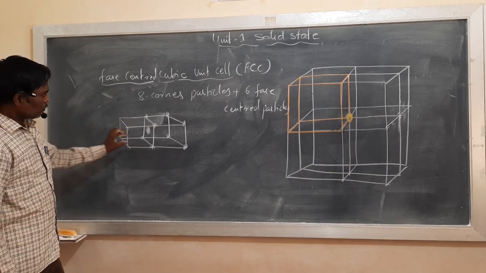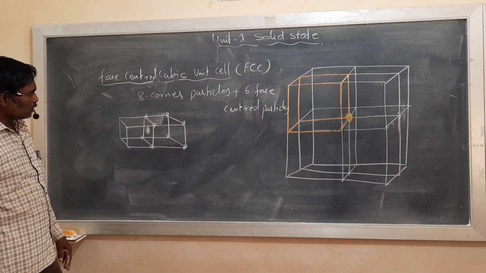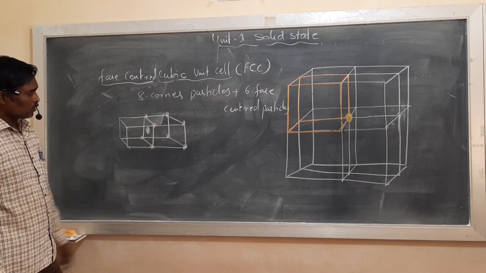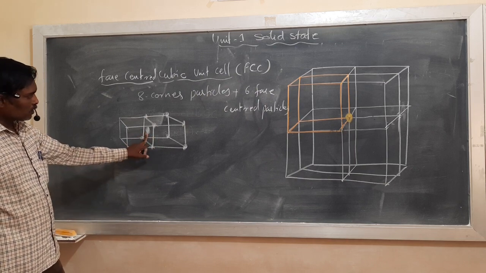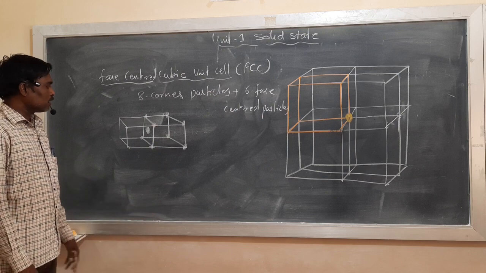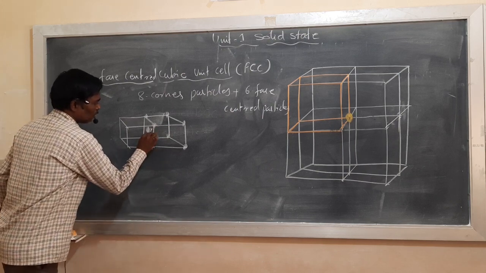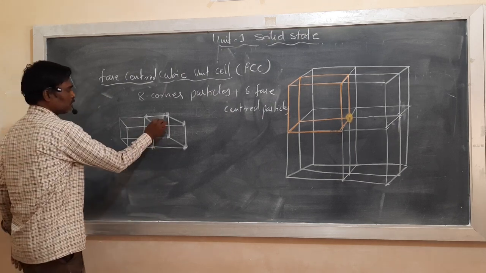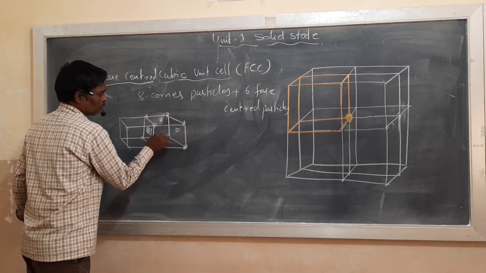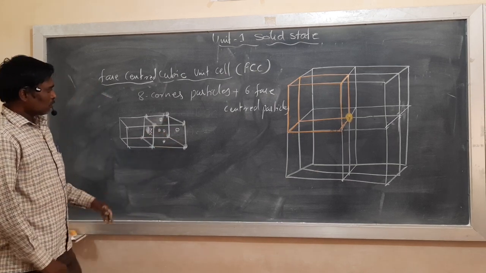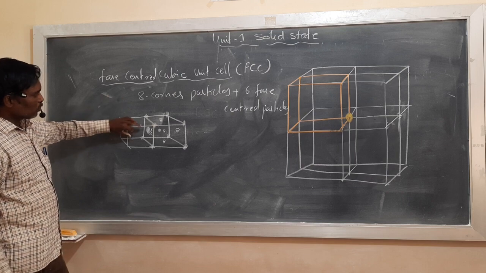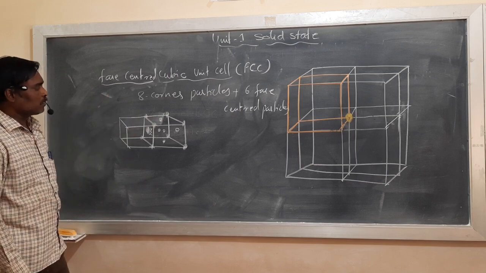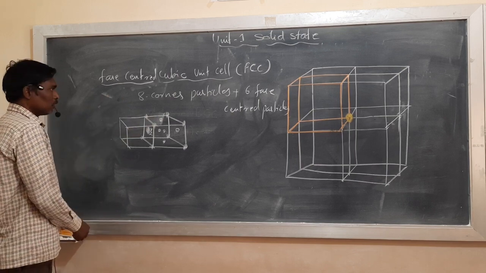So this face-centered particle is shared by 2 unit cells. That means the contribution of this face-centered particle to that particular unit cell is 1 by 2. Like that, there are 6 face-centered particles, one on each face of the cube, so the contribution of each face-centered particle is 1 by 2.